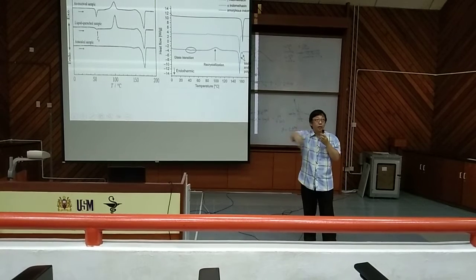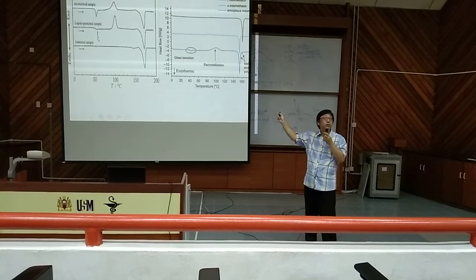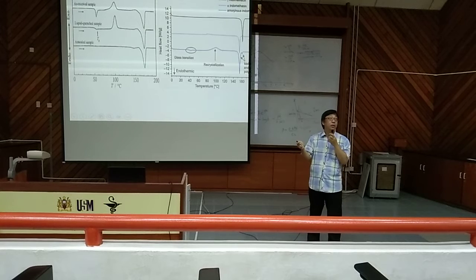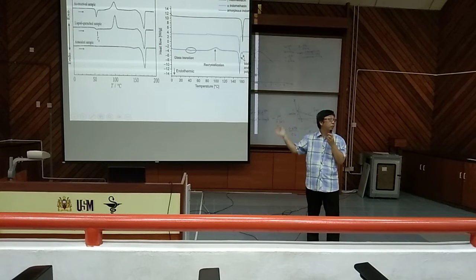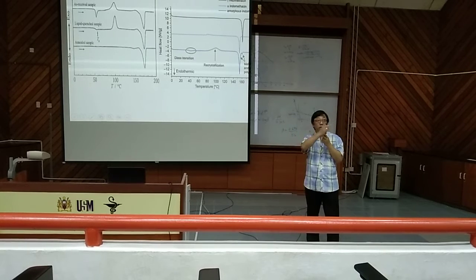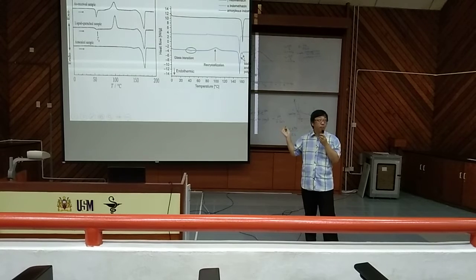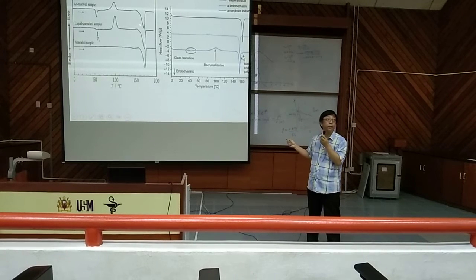That is exothermic. So you start to have rearrangement, everything rearranges. So eventually you get a conversion from amorphous to crystalline. Alright? So you keep heating, what happens? The crystalline form will start to melt. Then you get a melting point. So this melting point is also an endothermic process.